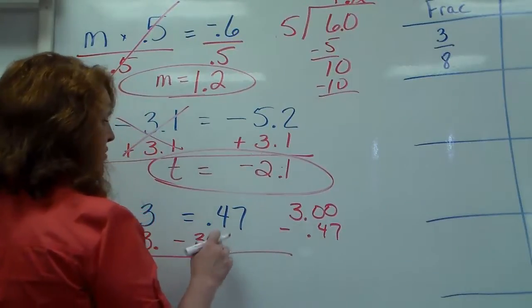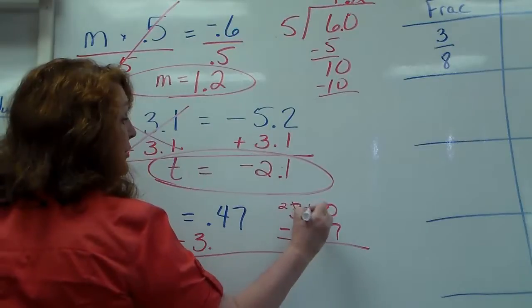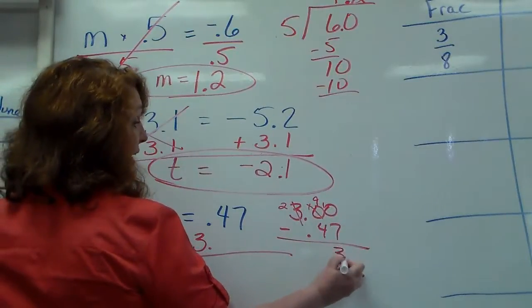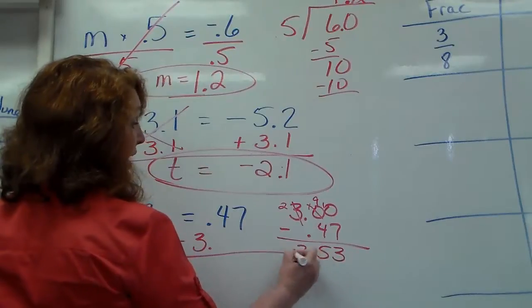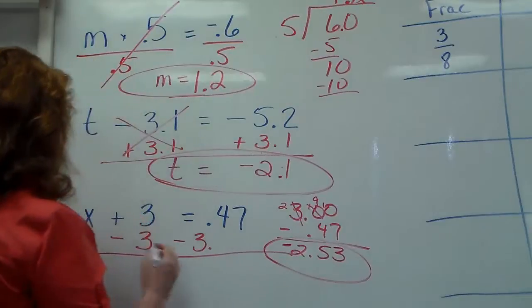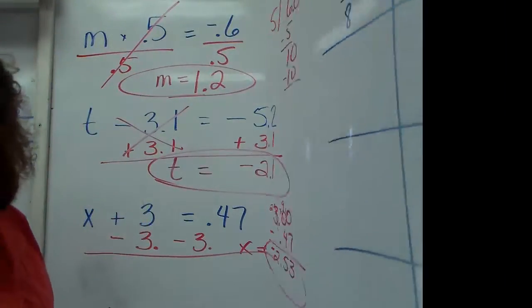I've got to flip these over because I have to do big minus small. And I have to borrow so that I can actually subtract. And the biggest one wins. So I've got x equals negative 2.53.